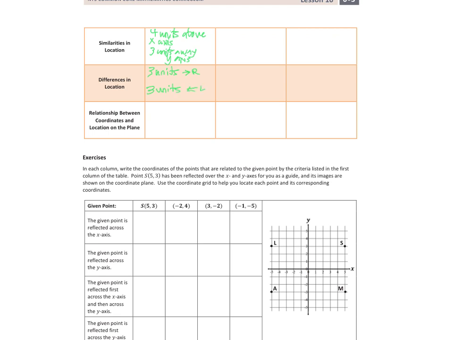And then the relationship between the coordinates and location on the plane: the x coordinates are opposite numbers, 3 and -3, so they're on opposite sides of the y-axis. They're opposites, but they have the same absolute value.